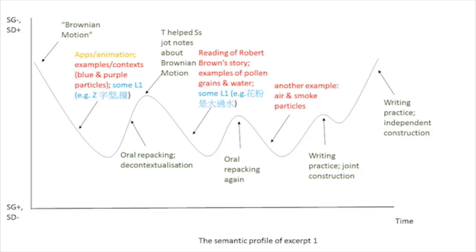Okay, so we see that the teacher starts with this highly technical concept around the motion, and then using everyday life examples, the set word, using a lot of concrete multimodalities, visuals, and L1 explanations to do repacking, unpacking, and then repacking, helping students to jot notes, and then oral repacking, and then another example, unpacking, and then writing practice, helping students to have upward movement to repack the concepts into technical writing.